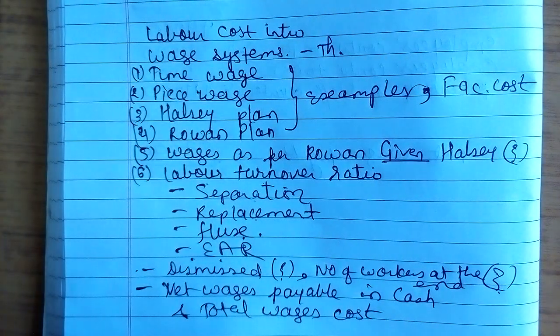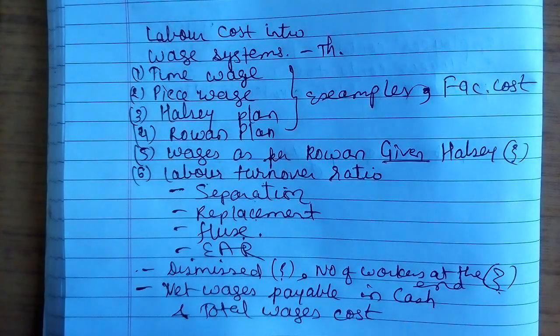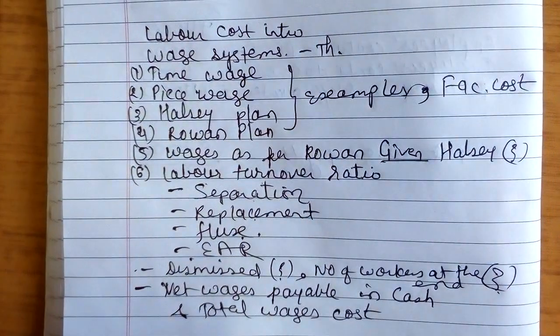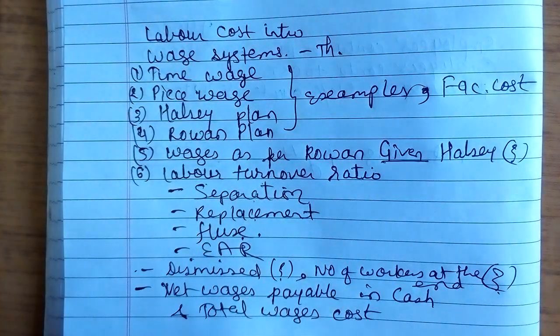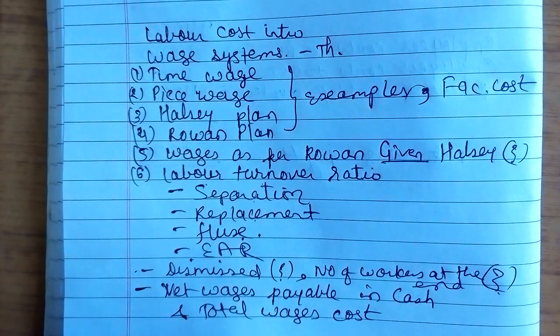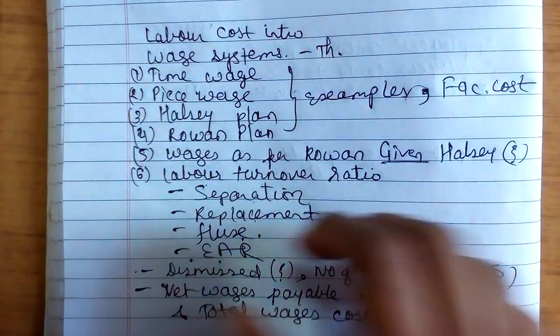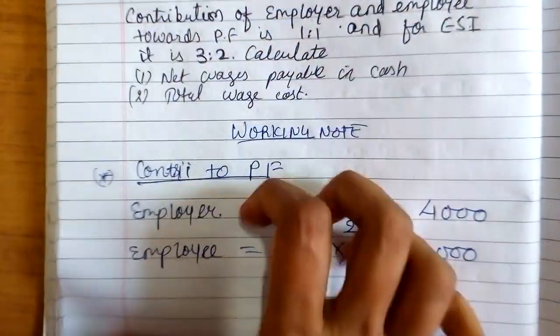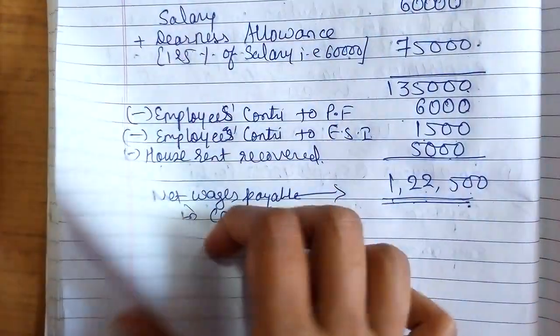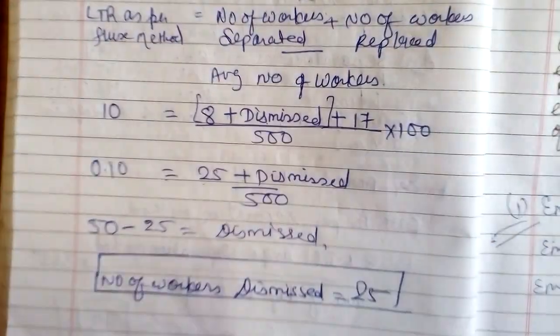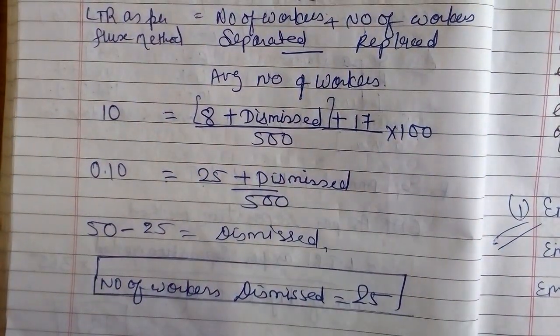Any of these two examples, any of these two methods will be there in your exams, right? So this is the nutshell of this chapter. From the next lecture onwards, we are going to start with our next unit, that is overheads, right? So before signing off, I just want you to go through the example. So I am just changing the focus so that you can have a look at it.